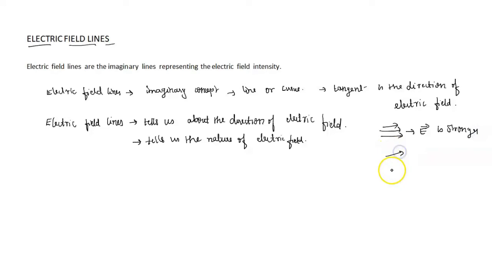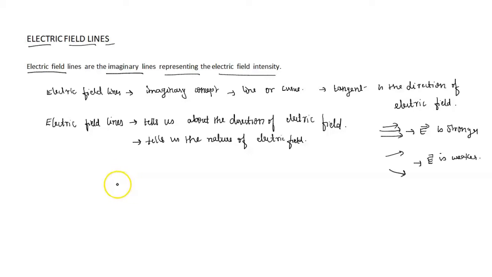If the electric field lines are far apart, then E is weaker. In general, electric field lines are the imaginary lines representing the electric field intensity. This is the general definition of electric field lines.